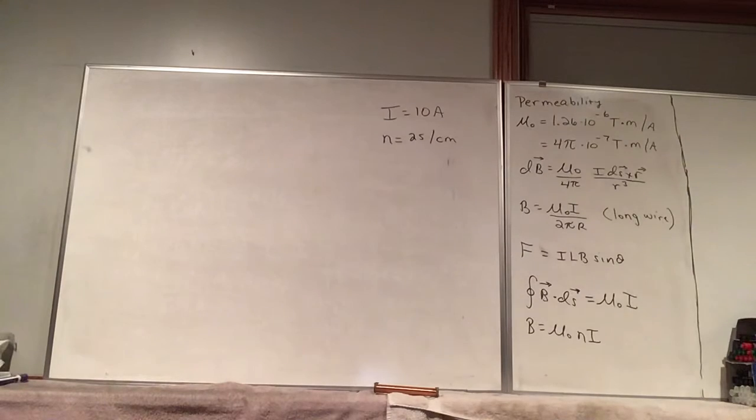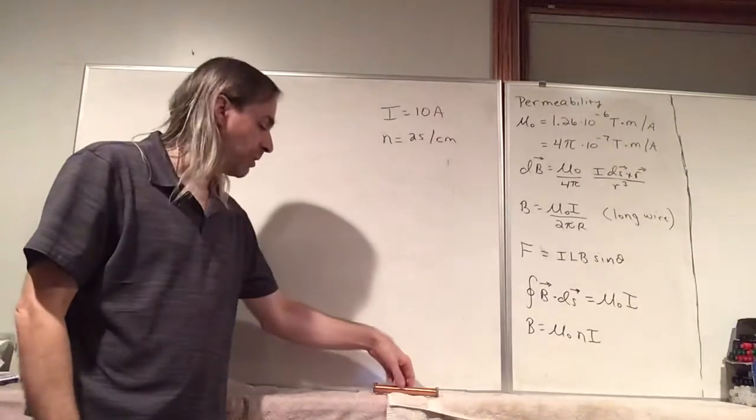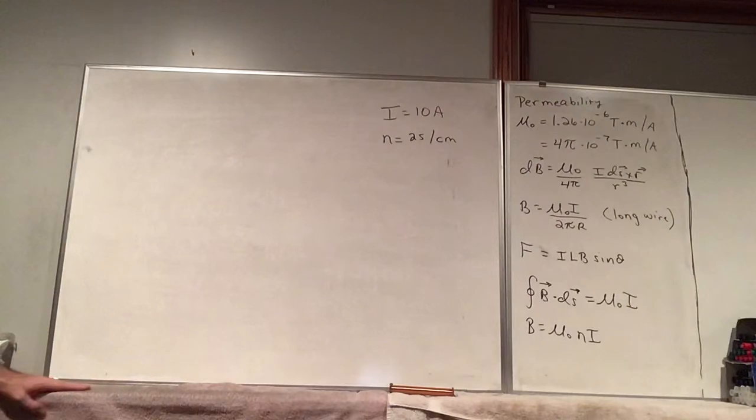Obviously I wasn't being too careful with counting, but I'm fairly confident that that's a reasonable number of turns per centimeter. So if we run a current of 10 amps, what kind of magnetic field are we going to get inside? Let's just calculate it.